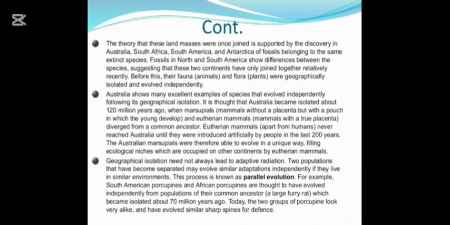For example, South American porcupines and African porcupines are thought to have evolved independently from populations of their own from their common ancestor, a large furry rodent, which became isolated about 70 million years ago, and today the two groups of porcupine look very alike and have evolved similar sharp spines for defense.